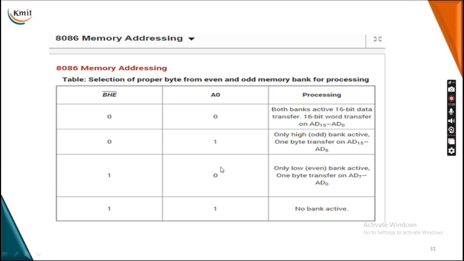So we have multiplexed lines AD0 to AD15. If A0 is 1 and BHE bar is 0, then a 1 byte transfer on AD8 to AD15. If A0 is 0 and BHE bar is 1, then a 1 byte transfer will be done on AD7 to AD0. When A0 and BHE bar are 1, then no bank is active, so no data transfer can be done on this memory.